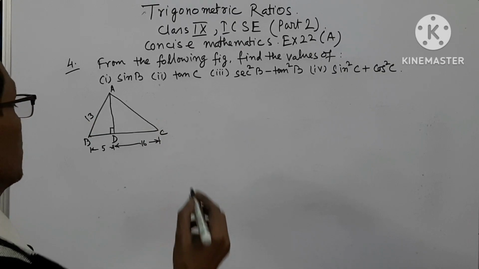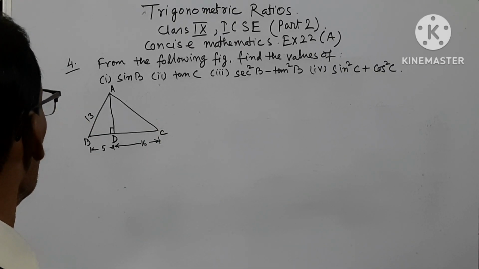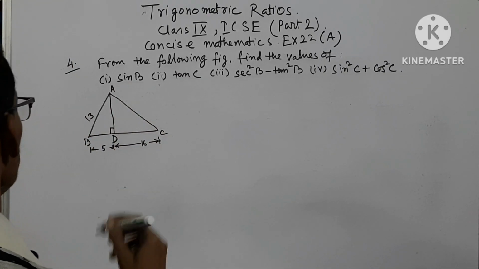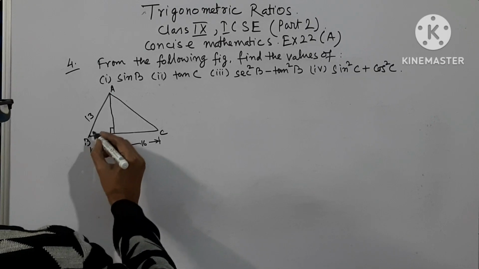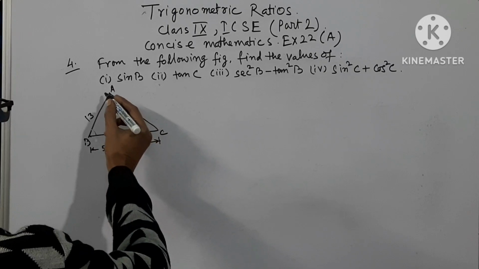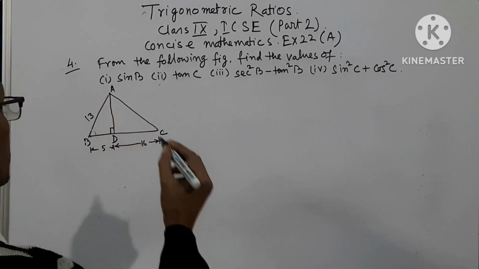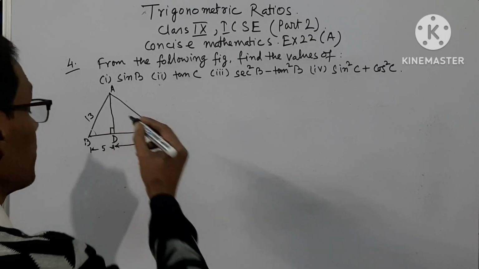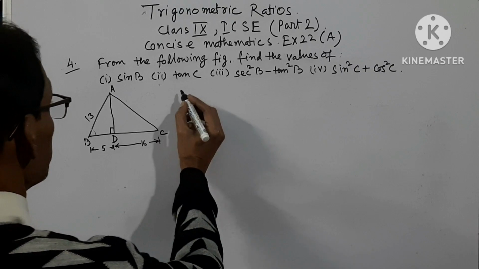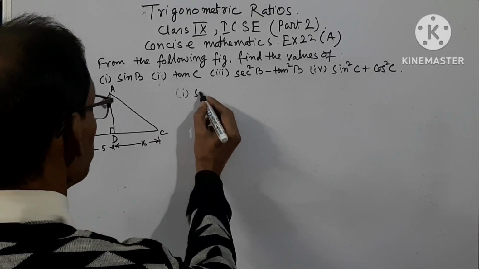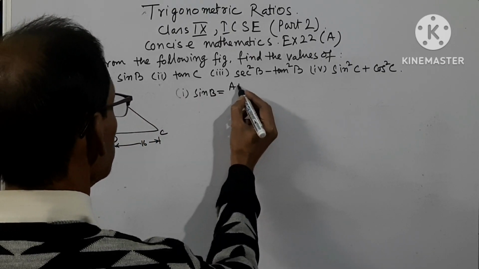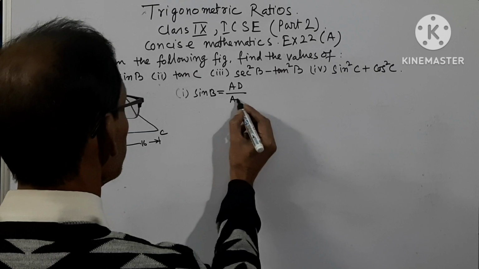This is the figure given in number 4, and the first you have been asked sin B. Sin B is this angle, and now you know the BD is given 5, AB is given 13, but AD, the perpendicular which is required for sine, it is not given. Sin B will be perpendicular AD by AB.